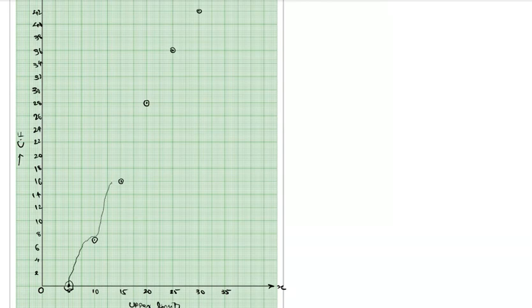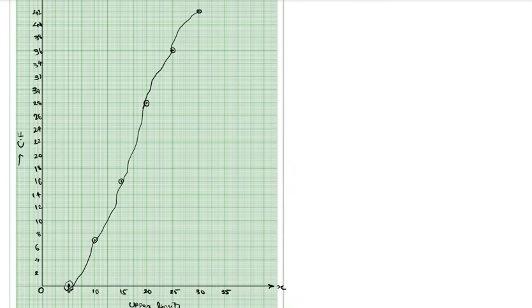I'm just going wrong, all over again. It should be a smooth continuous curve. That's it.